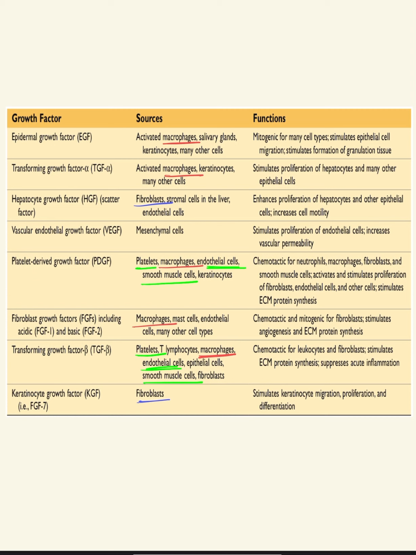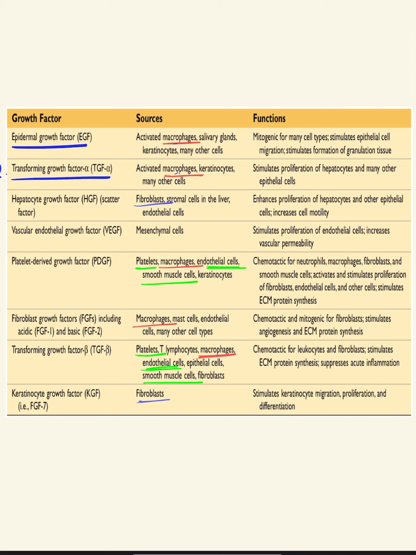First is epidermal growth factor. Second, transforming growth factor alpha. These both belong to the same family. And where are the sources? They are produced from activated macrophages. I've highlighted the common things: activated macrophages are common for both. And what does epidermal growth factor do?